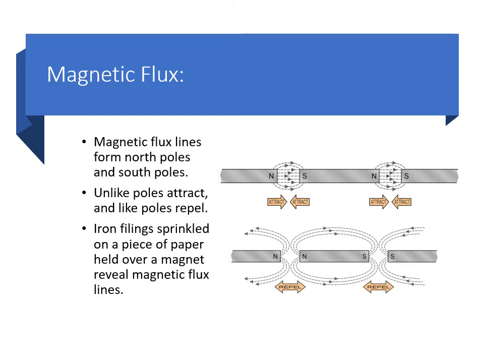If we take a permanent magnet, put it underneath a piece of paper, and sprinkle iron filings over it, we can actually visually see these magnetic lines of force. These magnetic lines of force, or flux lines, don't flow, but they do have a north to south direction.